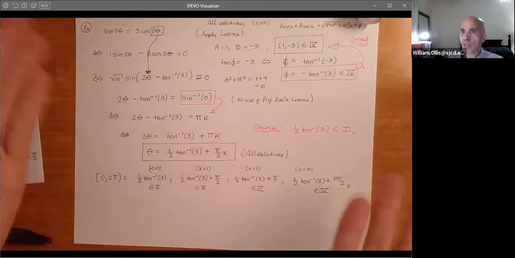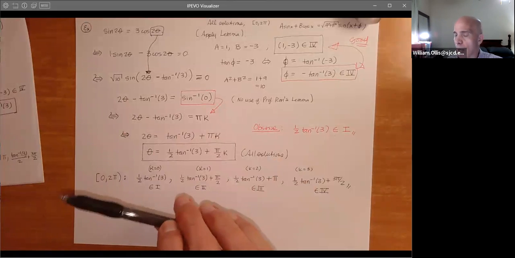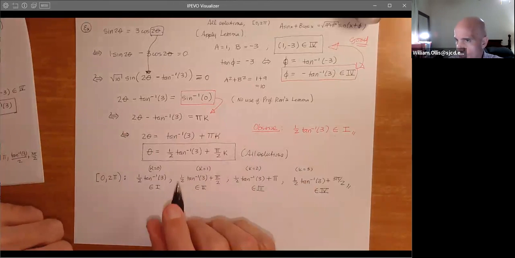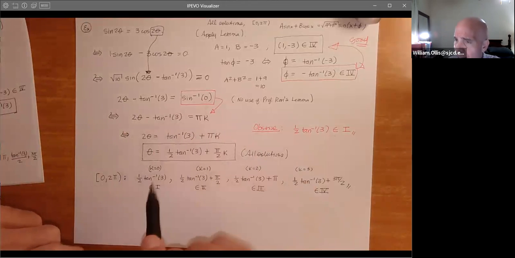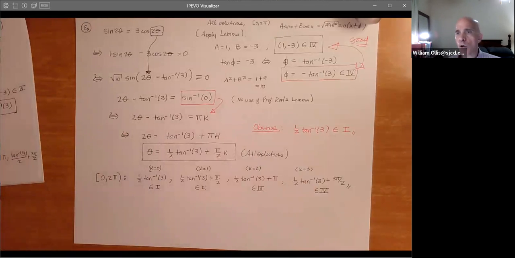Here now we're using everything. We're using the arithmetic. One thing I guess you're thinking, well, where are the triangles? Well, we've been using triangles a lot, but here you don't need the triangles as much. You need the identities, you need the inverse trig functions, you need Professor Ron's lemma, you need the arithmetic of the unit circle. So basically solving equations is kind of like the pinnacle.